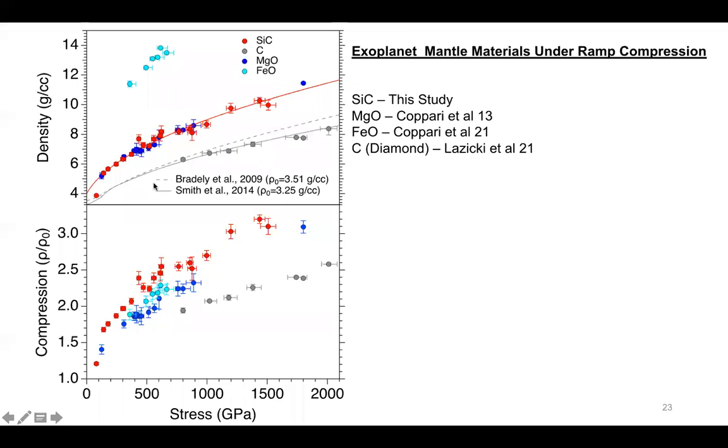So those data are shown here at the bottom in compression stress state. You can see that getting up to compressions of a factor of 3, and as I said, stresses can be as high as 2,000 GPa. So that's the start of collecting this direct experimental data on these planetary materials.